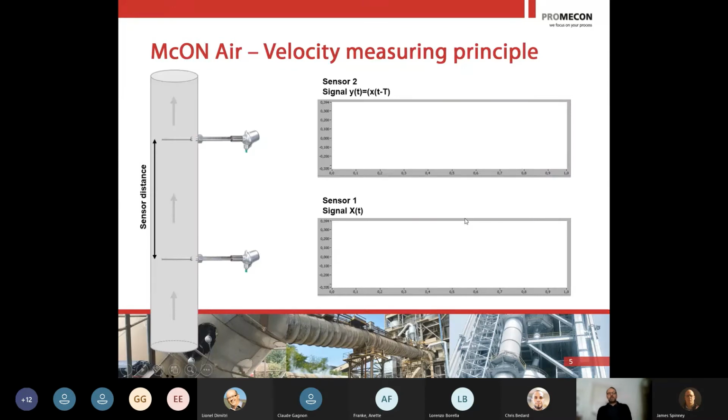So the measurement principle of the Mechon Air System is quite nice to see and understand. So we have 2 sensors placed in the flow, in the duct, one after the other. We have an upstream and a downstream sensor, and they are mounted at a certain distance.